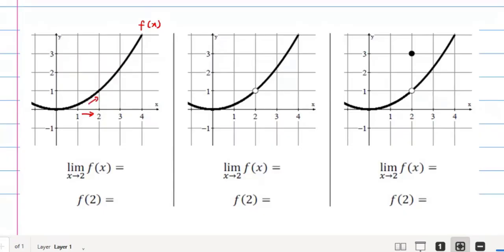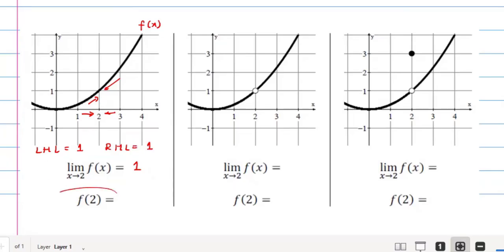Let me write it down here. The left hand limit is equal to 1. Then as x approaches 2 from the right hand side, the function again is approaching 1. So I will say that the right hand limit is equal to 1. Are they equal? The answer is yes. And what are they equal to? They're equal to 1. So the answer to this question is 1.